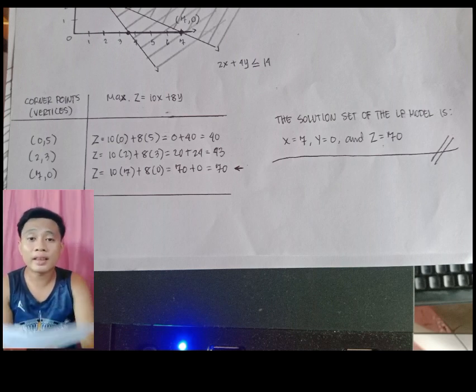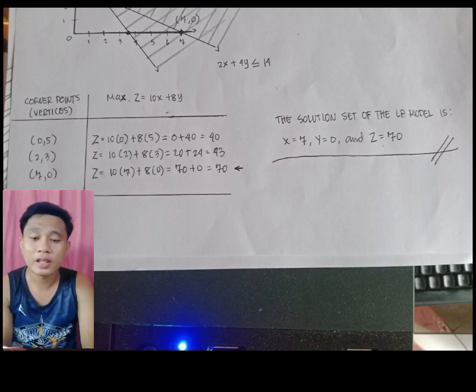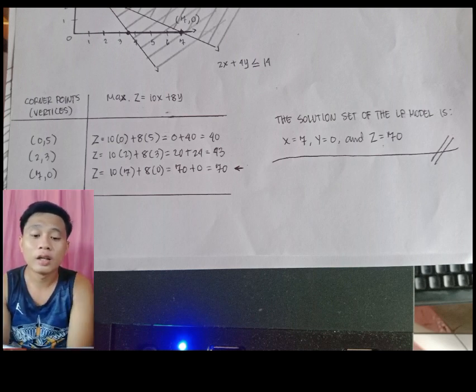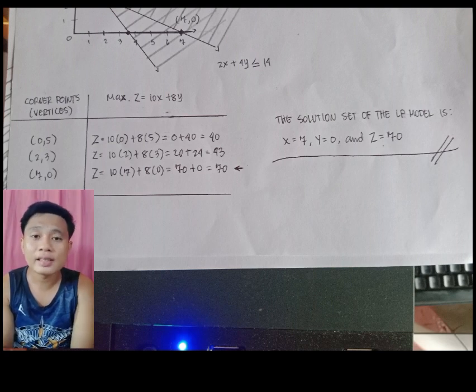So 10 times 7 equals 70 and 8 times 0 equals 0, so 70 plus 0 equals 70. The solution set of the LP model is x equals 7, y equals 0, and z equals 70. So that's all for number 1.